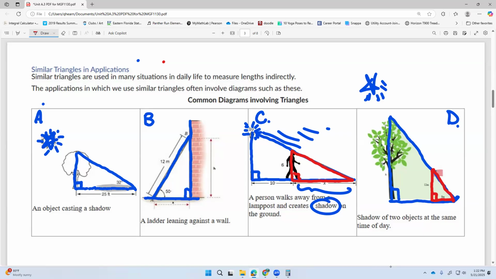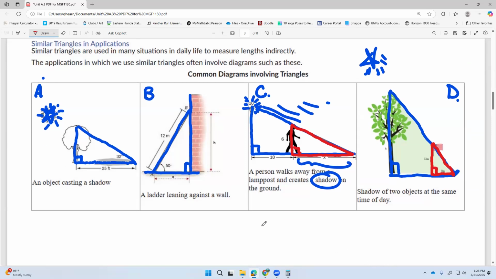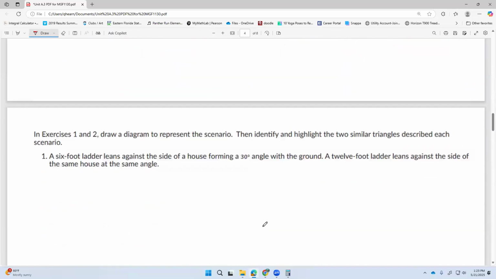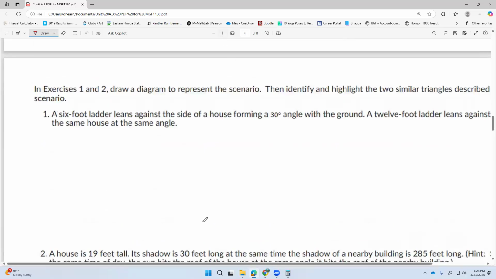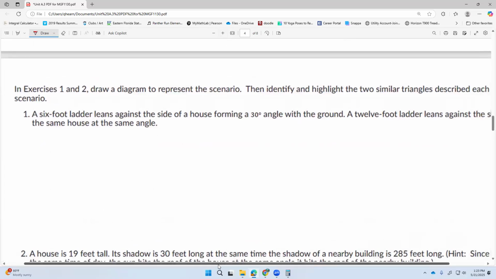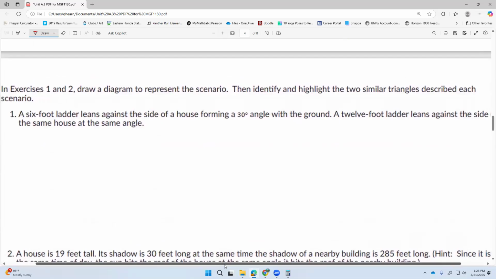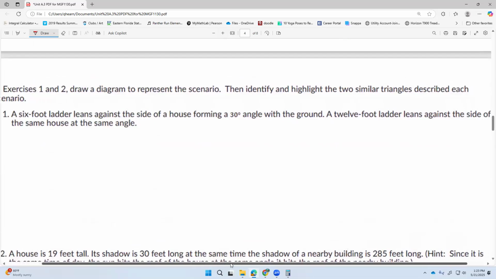So I wanted to go over these diagrams with you before we actually try to do any calculations. I want to practice with you drawing diagrams like these. So let's look at exercise number 1 here. And we're not going to try to solve for any kinds of lengths or measurements or anything.